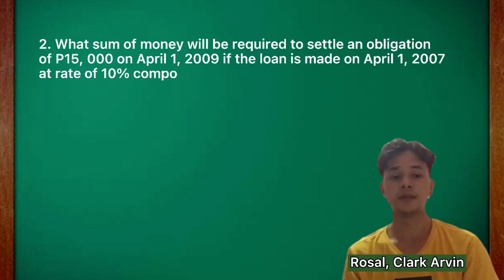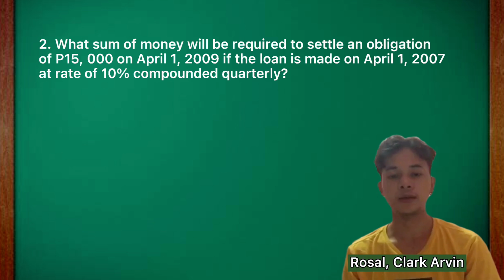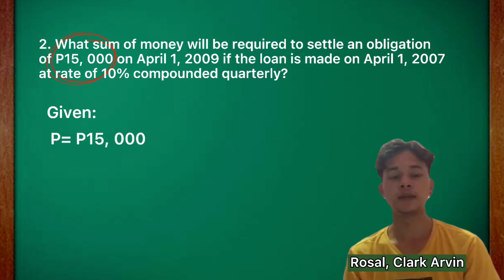Good day. I'm the one to discuss the answer to problem number 2. The problem is, what sum of money will be required to settle an obligation on April 1, 2009 if the loan is made on April 1, 2007 at a rate of 10% compounded quarterly? The given is 15,000, which is the principal, and the rate is 10%, converted to decimal, 0.1.